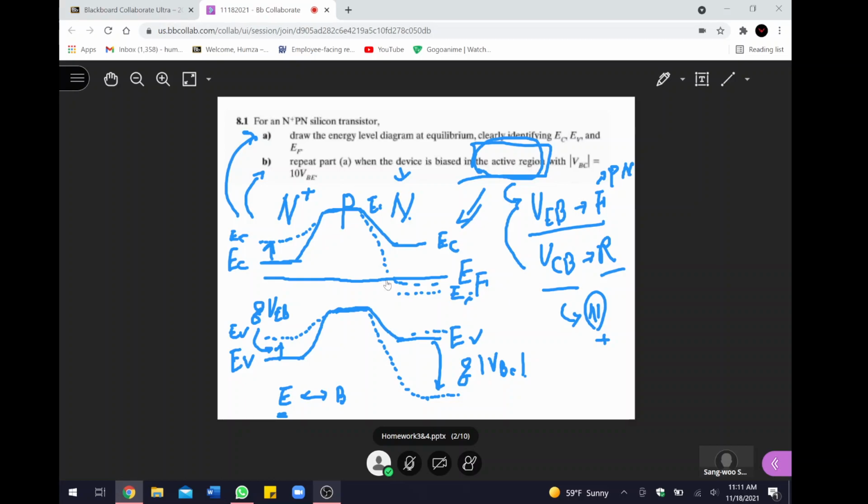First of all, you understand how to draw the energy band diagram at equilibrium, right? So assuming that you can draw the energy band diagram at equilibrium, that represents this one, and the EF is constant throughout the device structure.